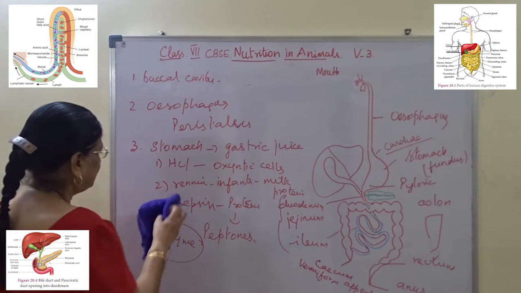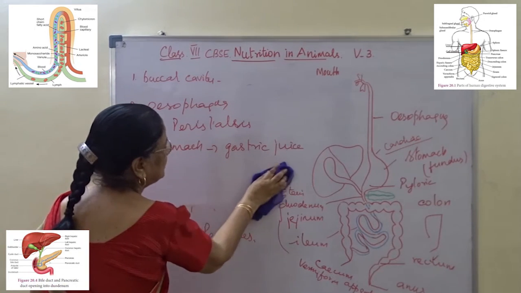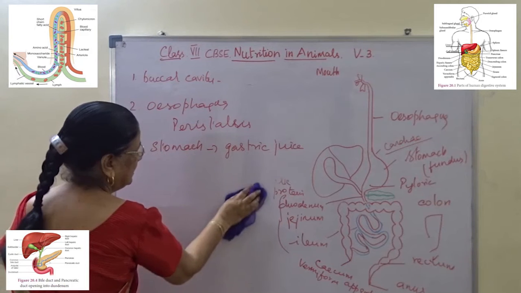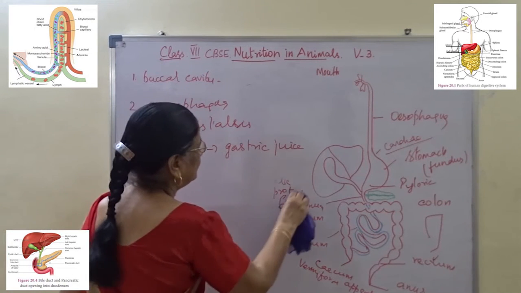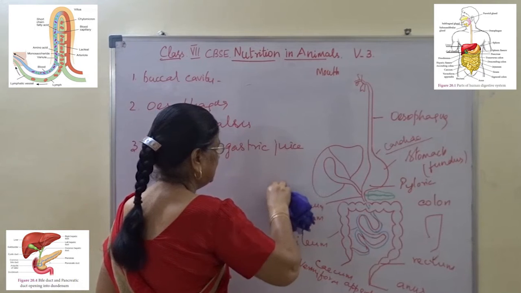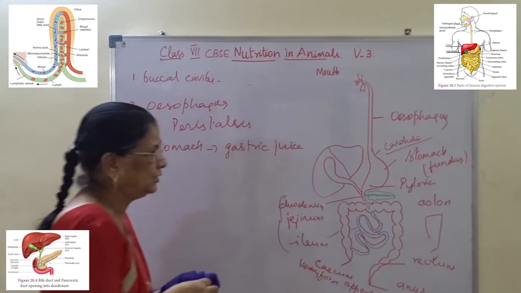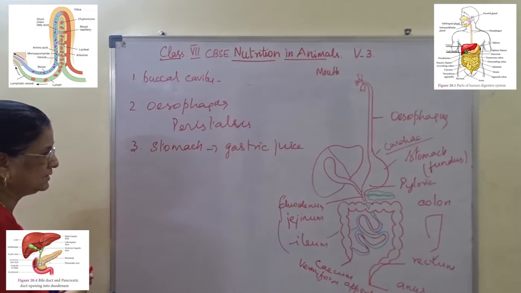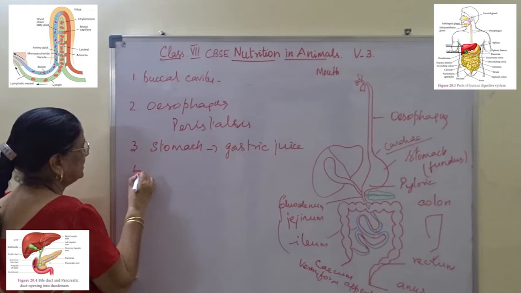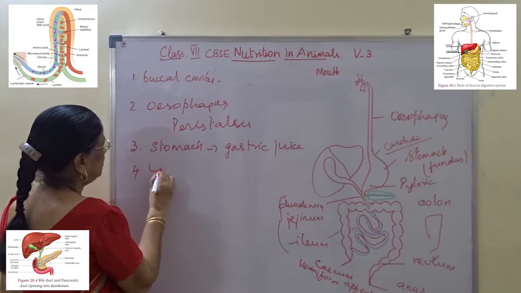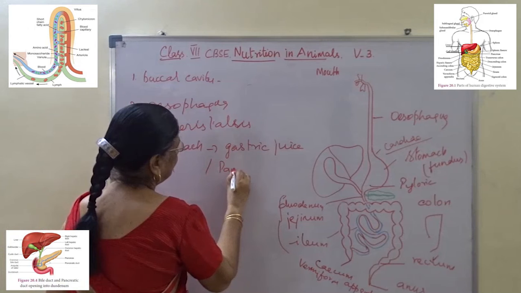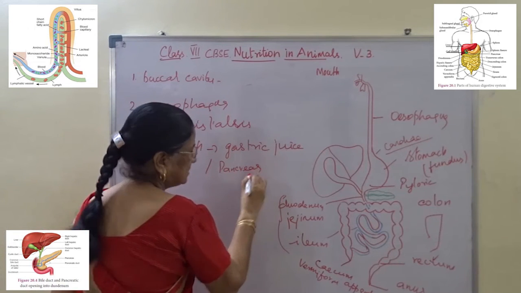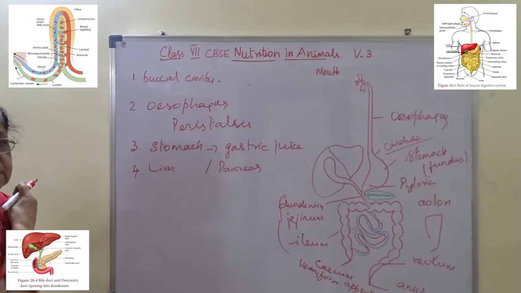Now from the stomach, food is reaching the small intestine, that is the duodenum. Before that, it is getting the secretion of the liver and pancreas.